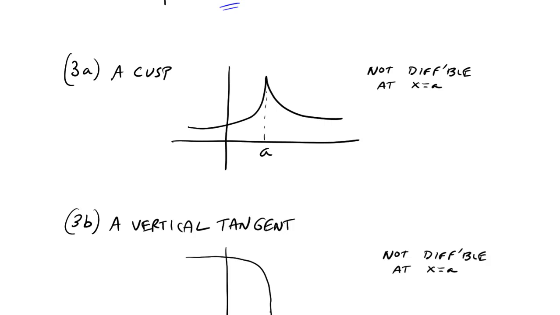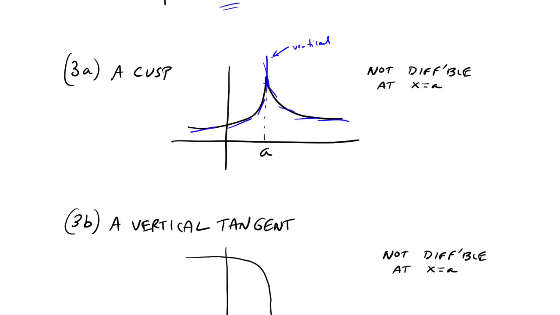So with a cusp, what's happening is, as you approach the point of interest, your tangent line becomes vertical. Okay, so it's heading to become vertical in the limit. Okay, and the same thing from the other side.